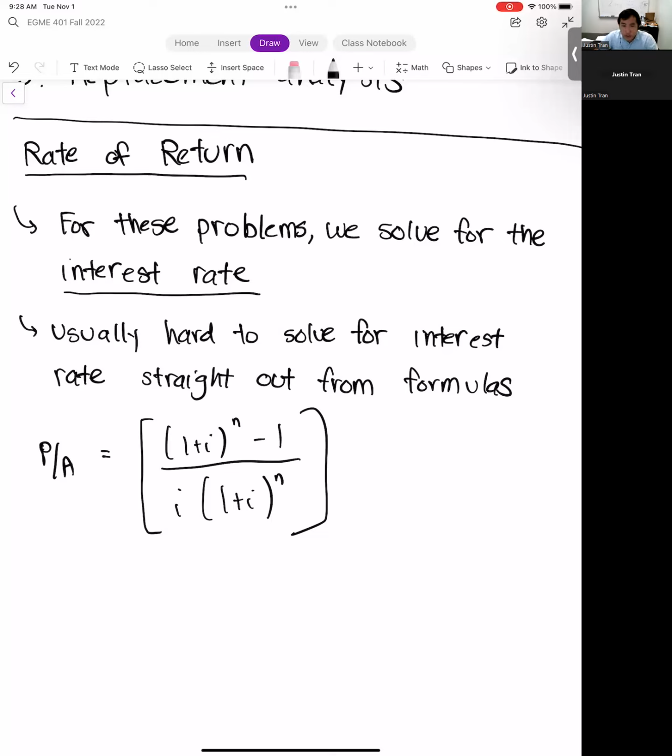And so usually the way that we solve for the rate of return, granted in case you didn't have computer software available to you, is through interpolation. Okay.